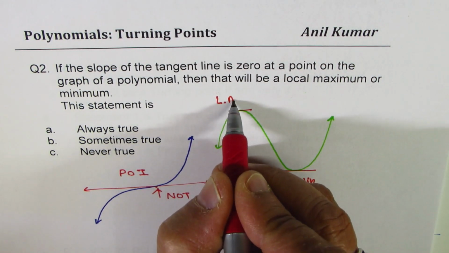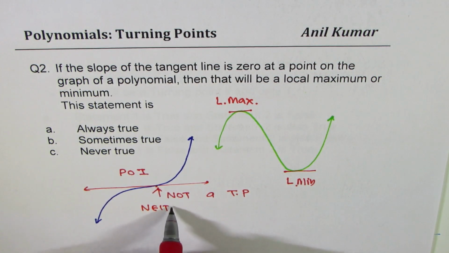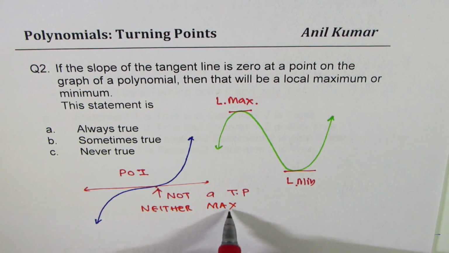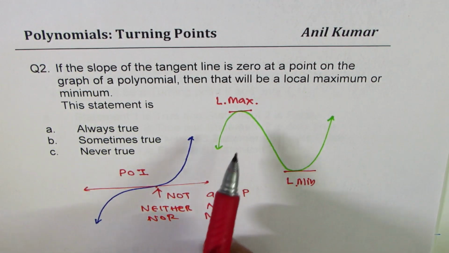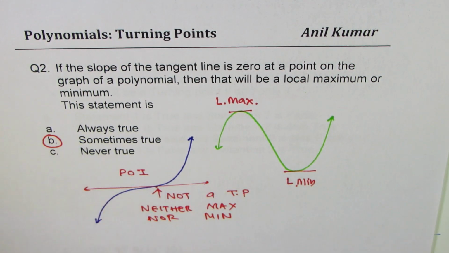This is local maximum. This is neither max nor min. Do you understand? So this statement is sometimes true, not always true. So be careful about it. It's very important to understand this concept.